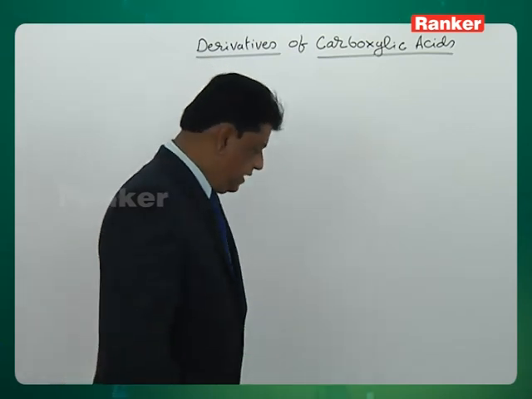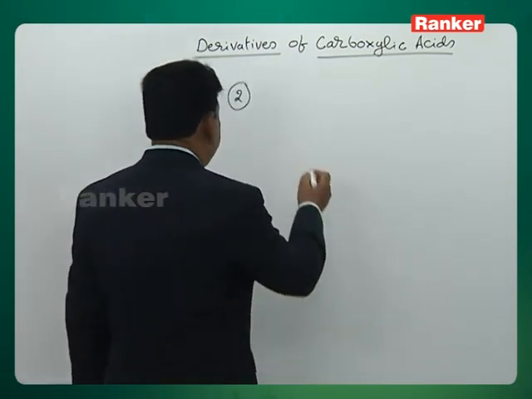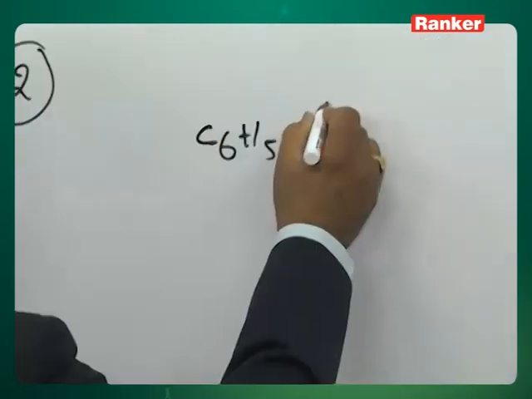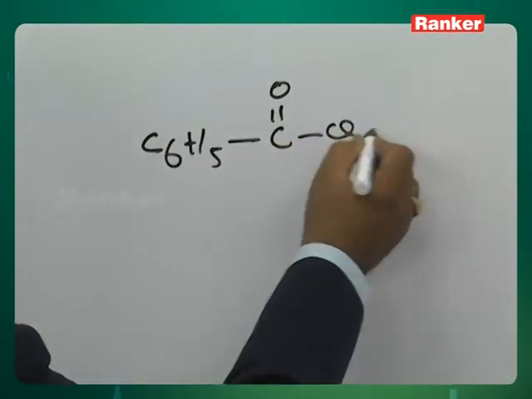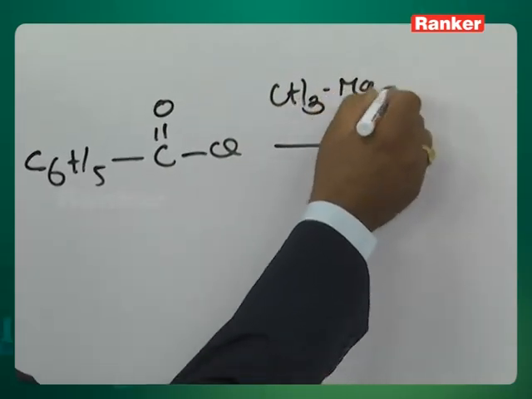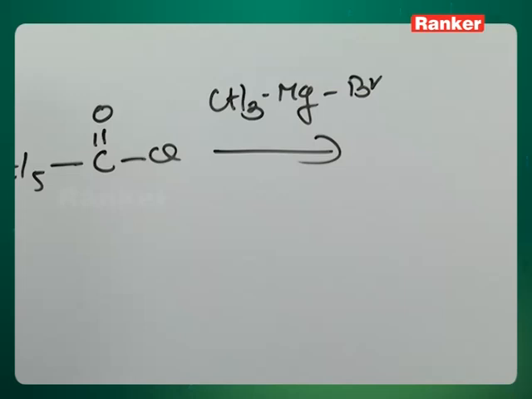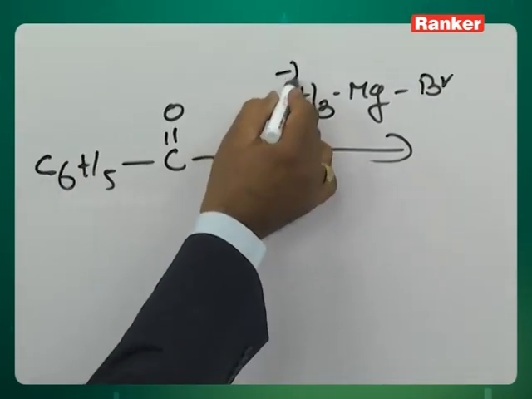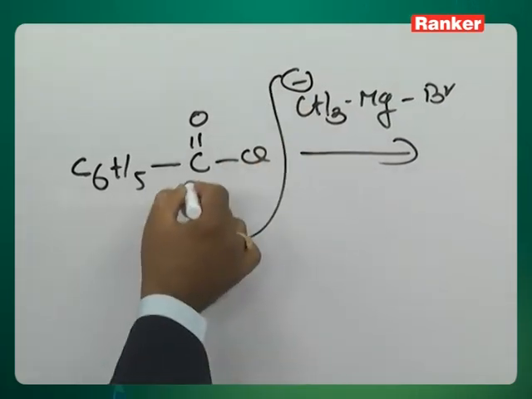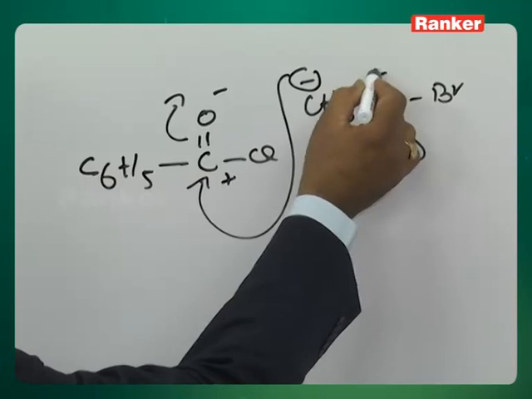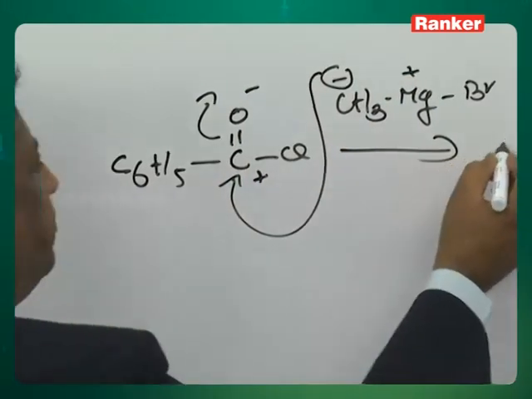So, specifically the reaction is C6H5 with a C double bond OCl reacting with methyl magnesium bromide. It is a nucleophilic substitution reaction; first an addition reaction takes place. So, the R will be added on the carbonyl group and the magnesium will be added on the oxygen.